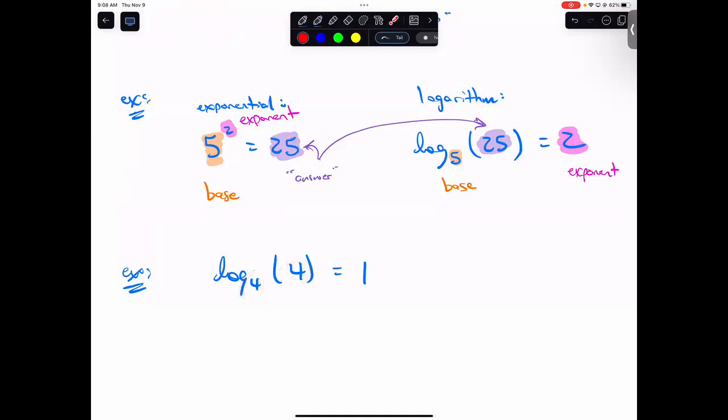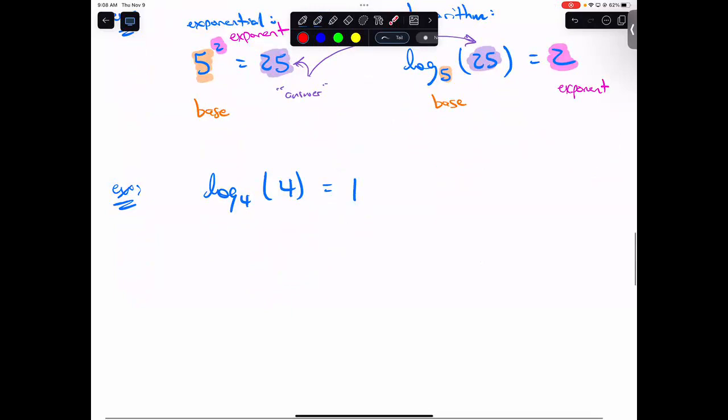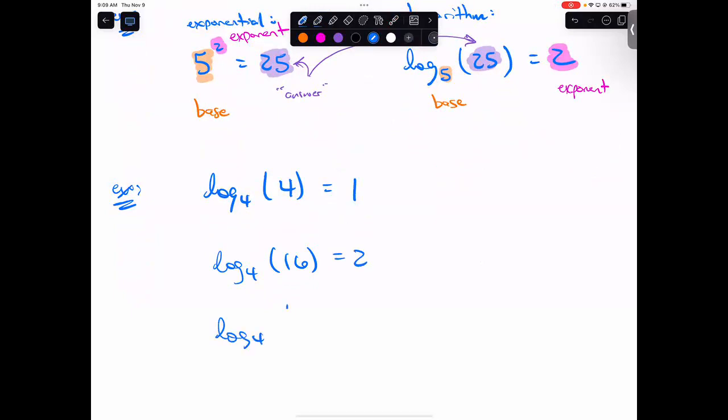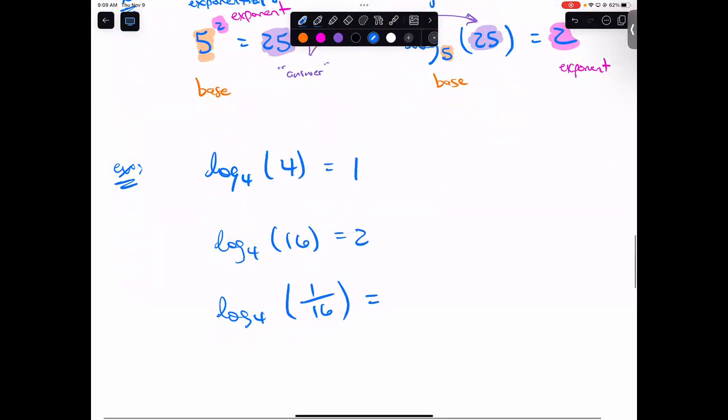Just the one copy, right? What's the log base 4 of 16 then? Okay, what's the log base 4 of 1 over 16? Same number, right? Yeah, but the reciprocal, to flip it over, it's negative.